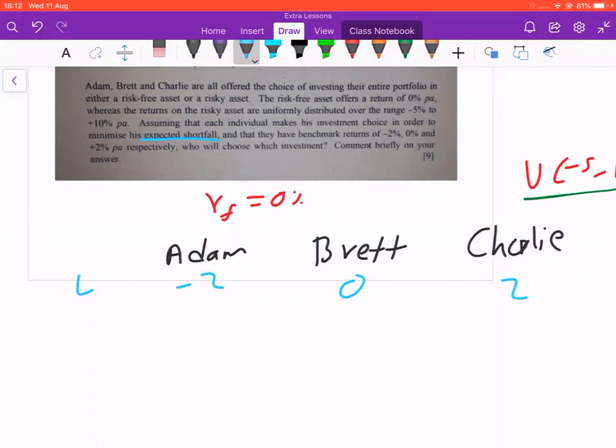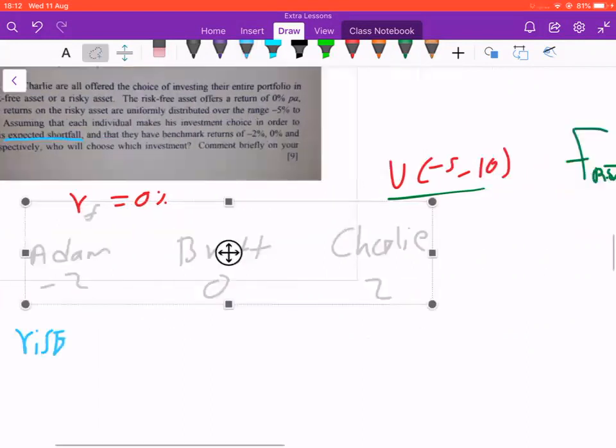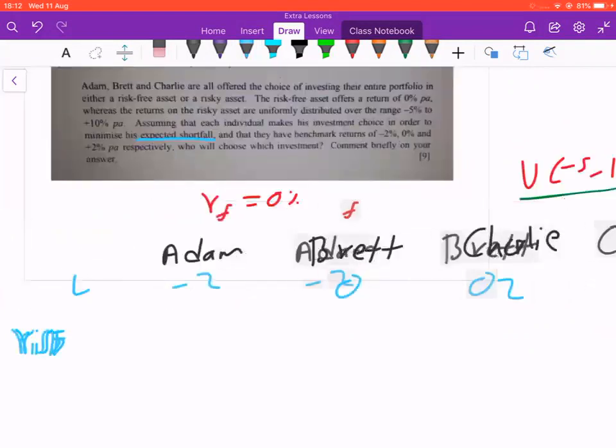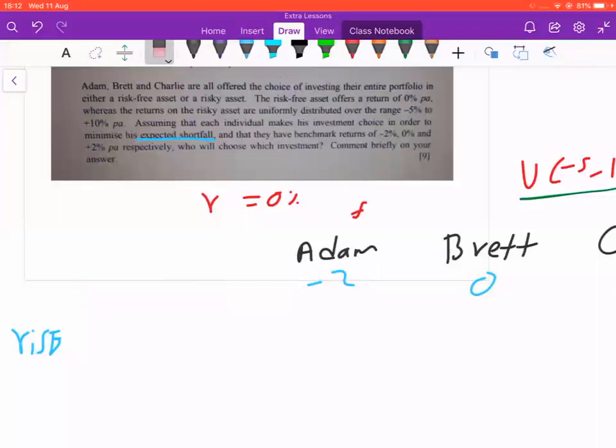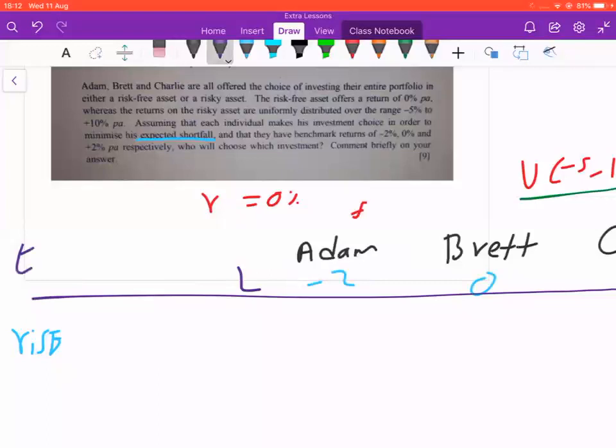So how do we find the expected shortfall? You have your benchmark over there. The formula for expected shortfall is the integral from negative infinity to L of (L minus x) f(x) dx. This is how you are going to find your answer.